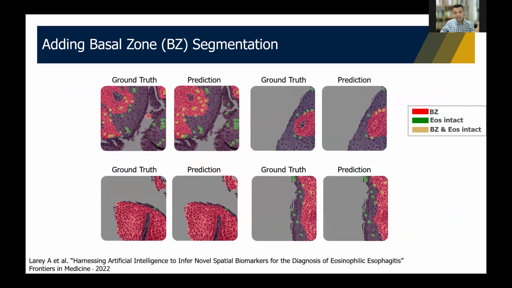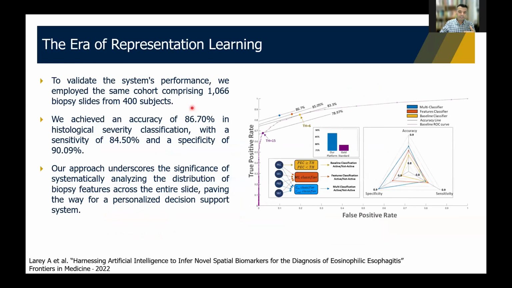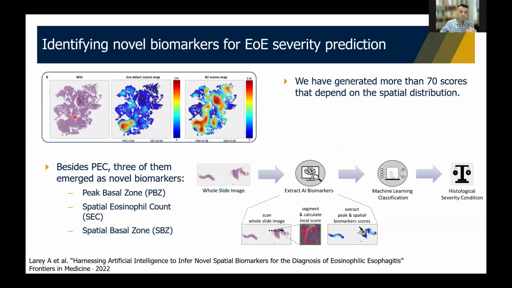So we added another cellular feature, which, again, Margaret mentioned before, which is the basal zone. And now we have 3 parameters that characterize the tissue: 2 types of eosinophils, and the basal zone area. And based on this, we have the entire distribution along the tissue. That's what you can see here.